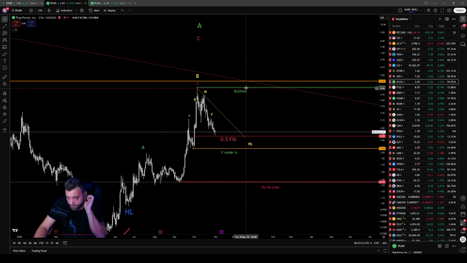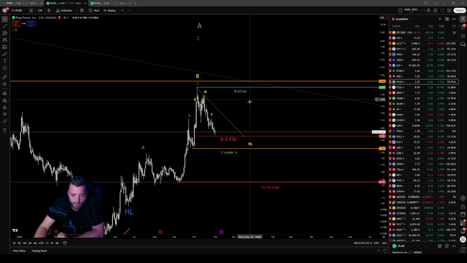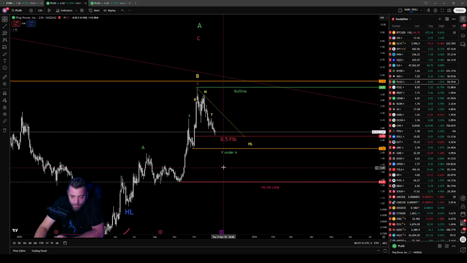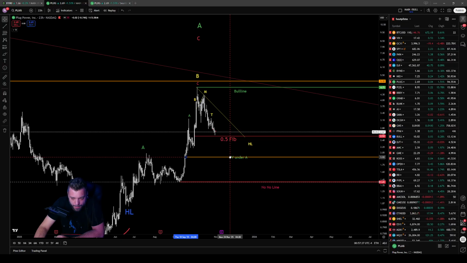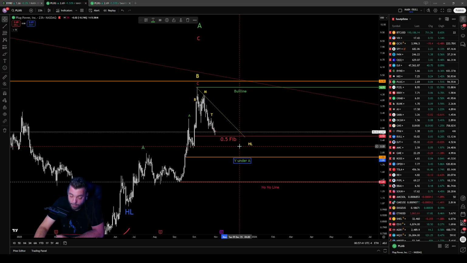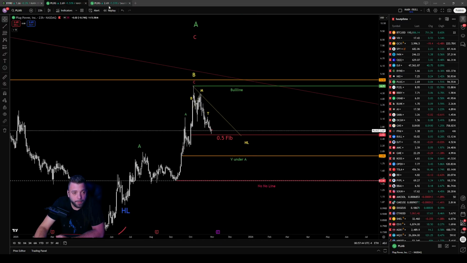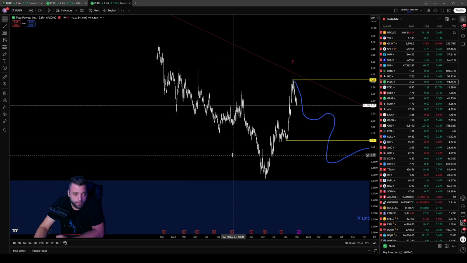So for confirmation levels, everything over 469 is bullish. If you break 216, that's too close. If you break 193, the bearish alternative takes place.